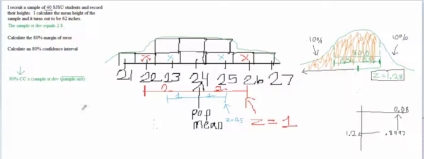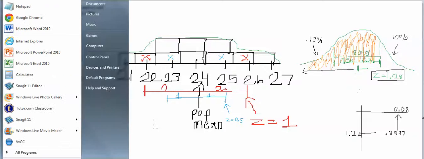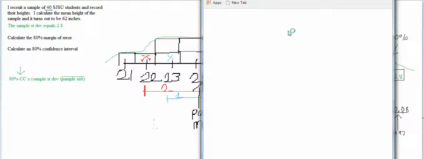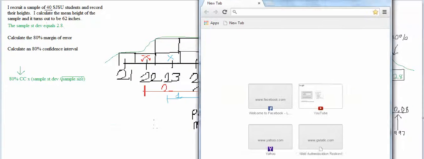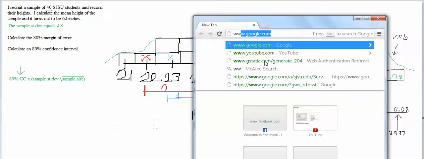We can get that estimated confidence coefficient by going to a t-table. So if I give you a sample standard deviation instead of a population standard deviation, the confidence coefficient comes from a t-table instead of a z-table.